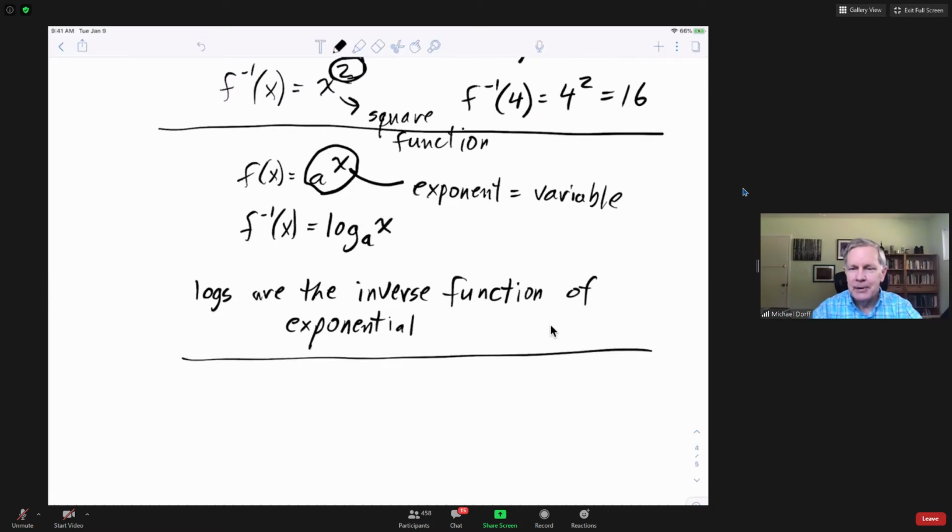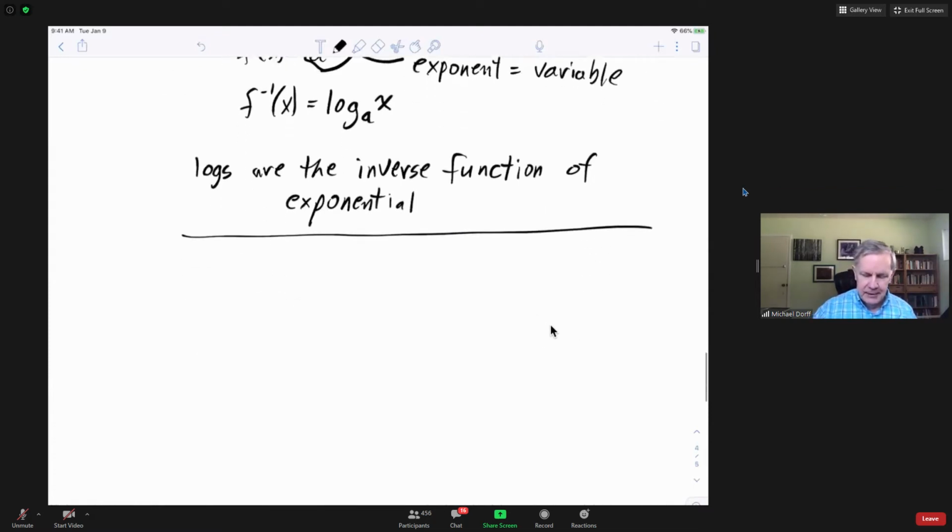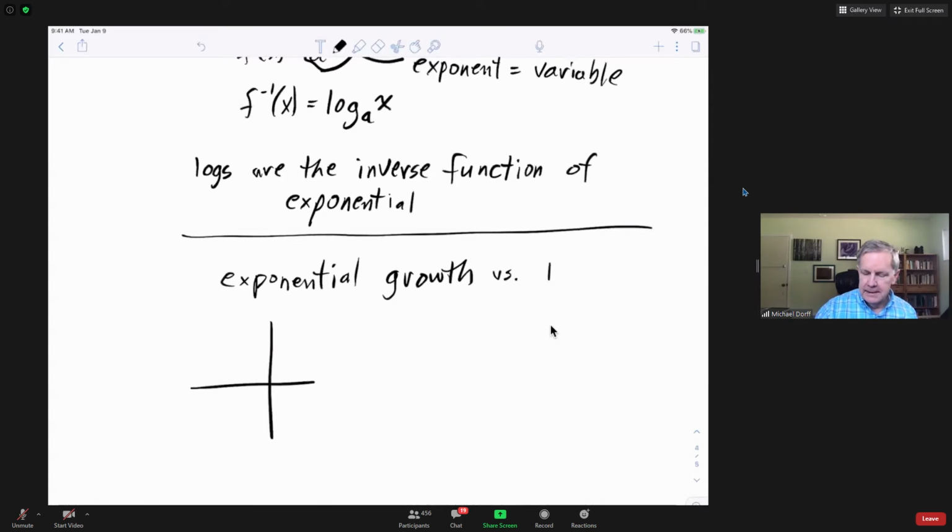Some people, when they first talked about it, they talked about it having exponential growth. And when something grows exponentially, that means it grows really fast. So usually they're comparing it to like linear growth.